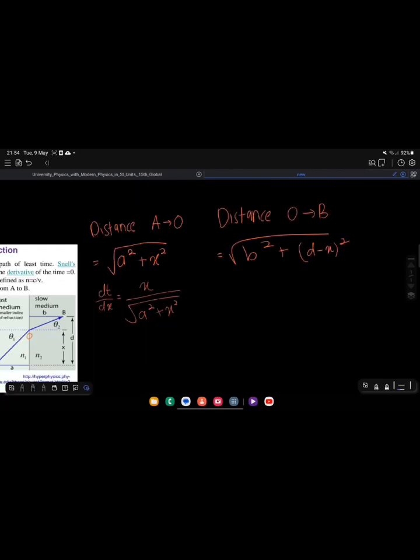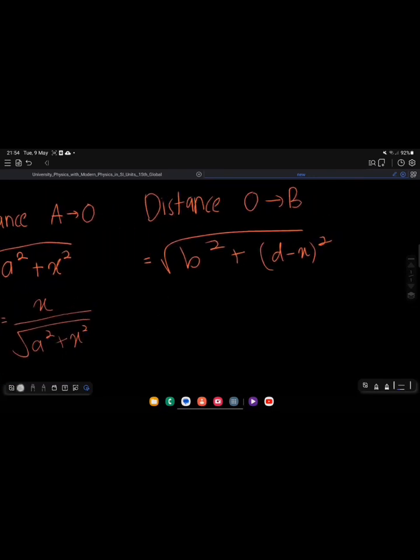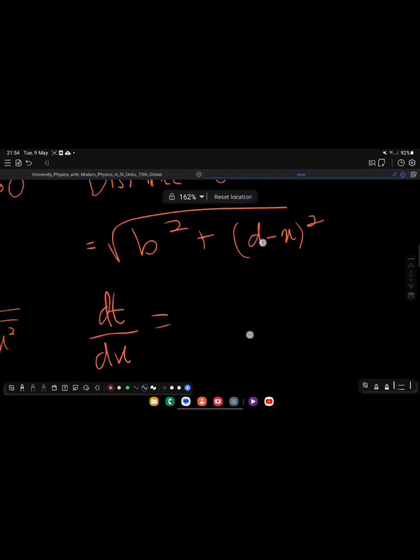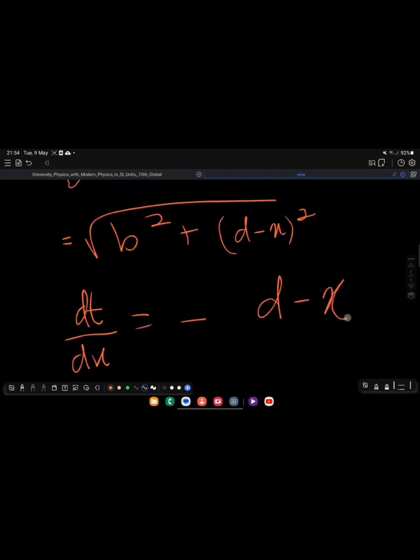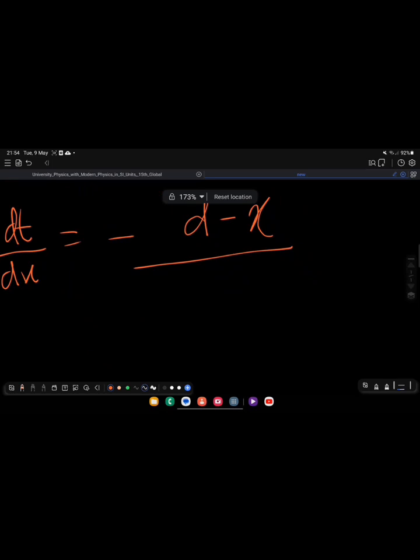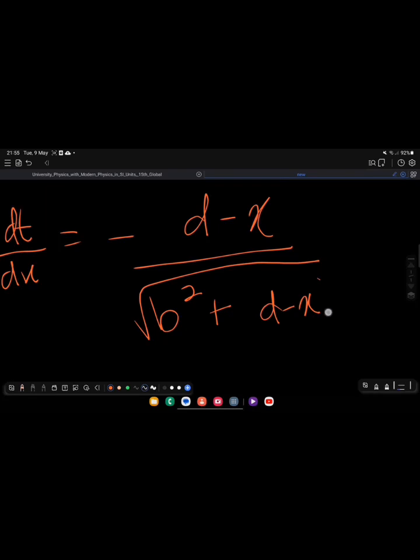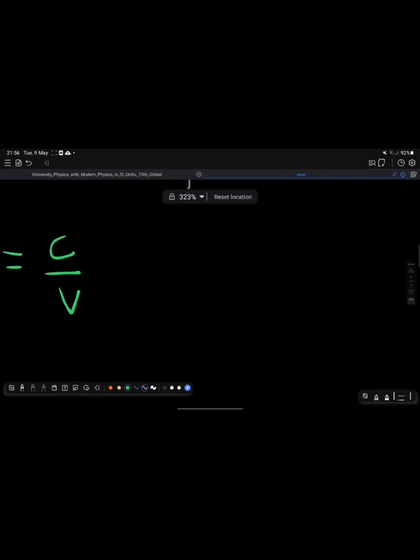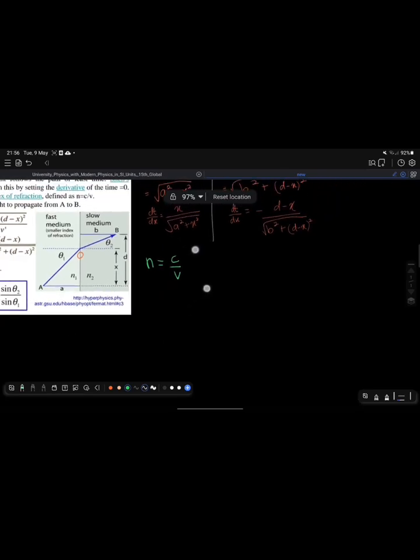Then for the distance from O to B, we will derive and we get minus (d minus x) over square root of b squared plus (d minus x) squared. And we know that the index of refraction n equals c divided by v, which is the ratio of the speed of light in vacuum to the speed of light in the medium.